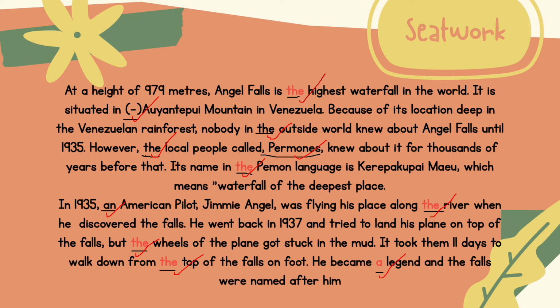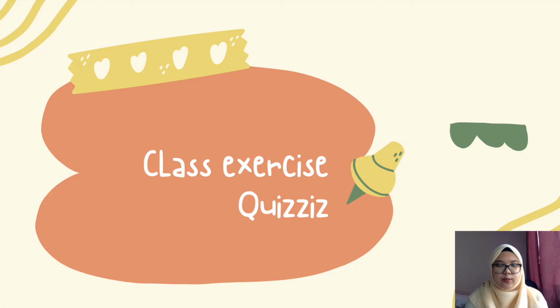So once we have completed our activity, we are going to proceed with the quizzes. As for the next part, we are going to do some class exercise. It involves the quizzes where we are going to discuss and look at the questions together.